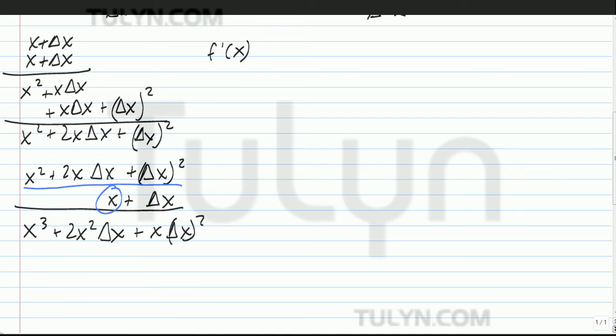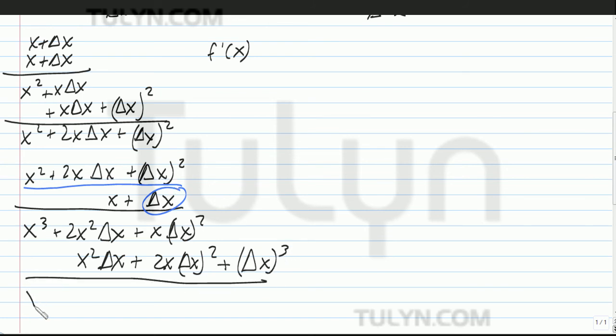And then go ahead and multiply it by the second guy, which is delta x, right? So it's x squared times delta x, plus delta x times 2x delta x, which is 2x delta x squared, plus delta x times delta x squared, which is delta x to the third power.